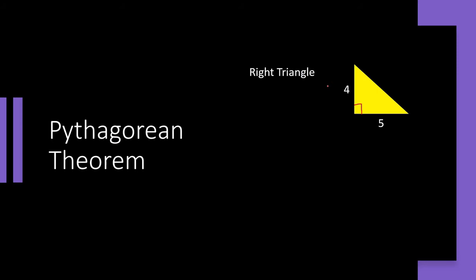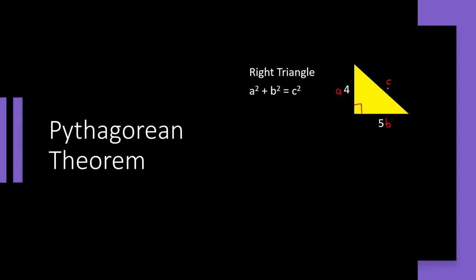The Pythagorean theorem formula looks something like this, my friends. It's a squared plus b squared equals c squared, with this being a right here. This is what we call a leg, one of the legs, and this is the b leg, or the b side, and then this right here is c.